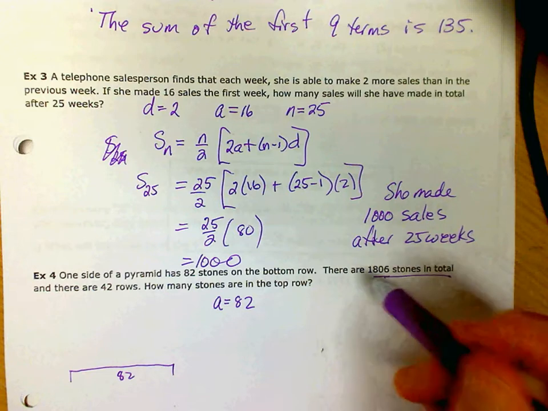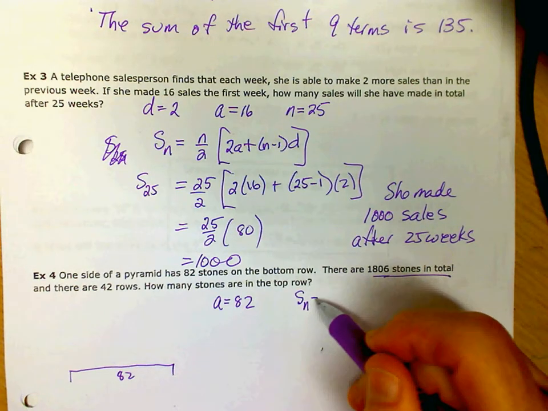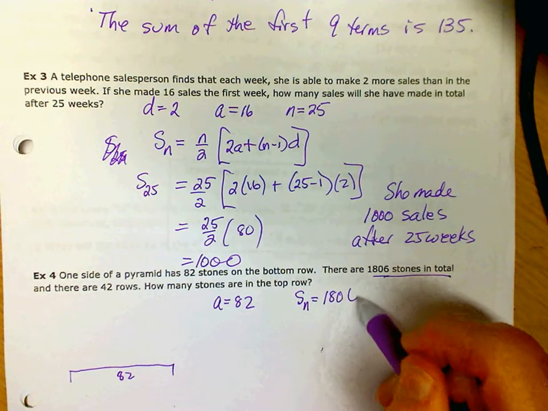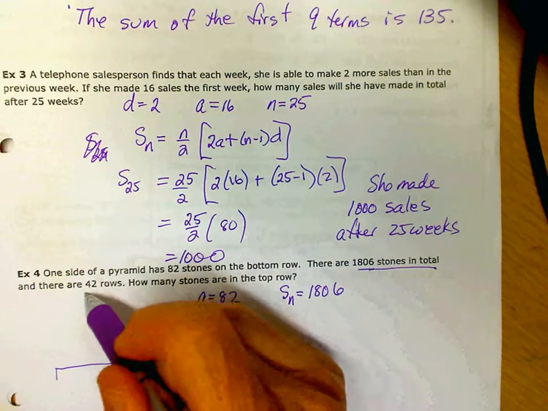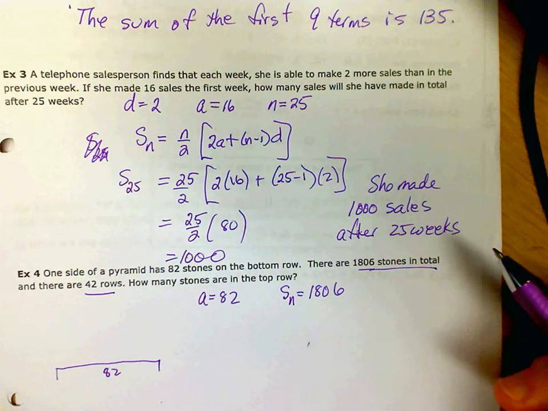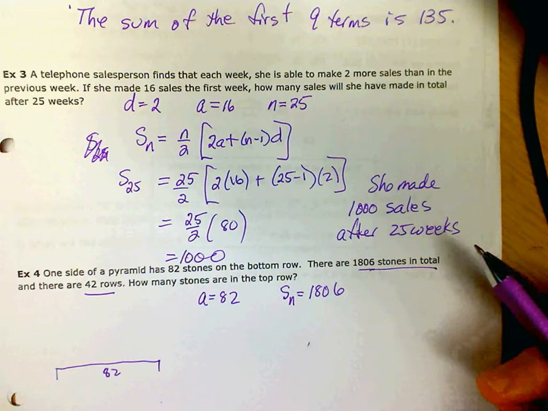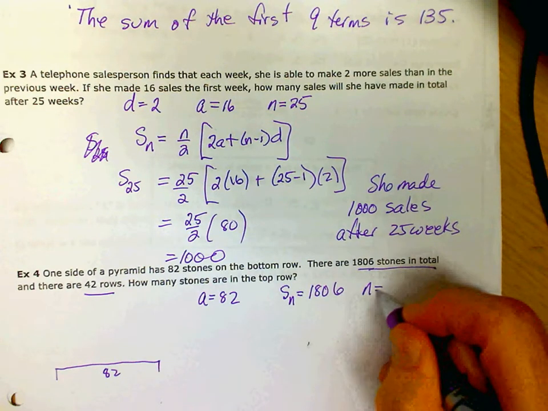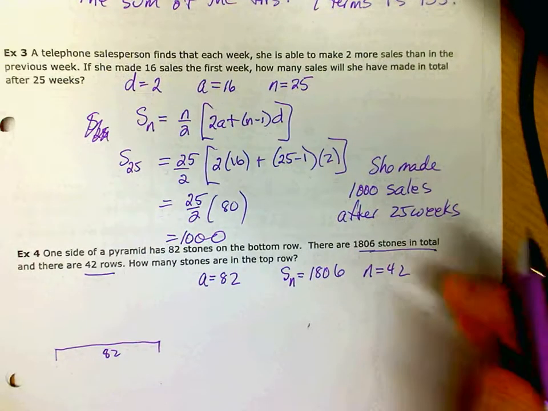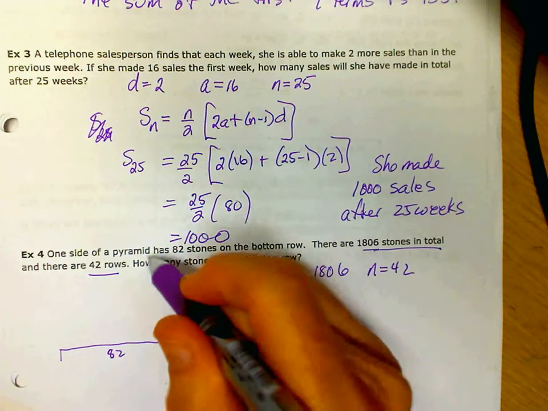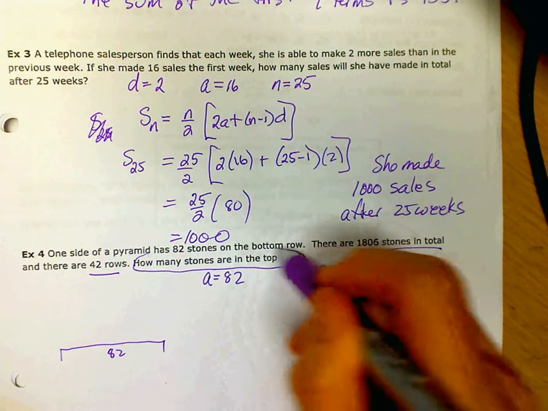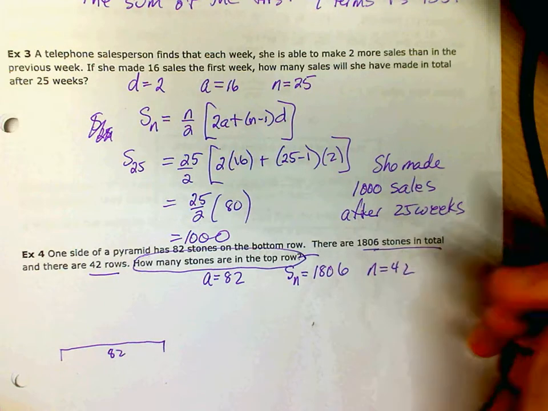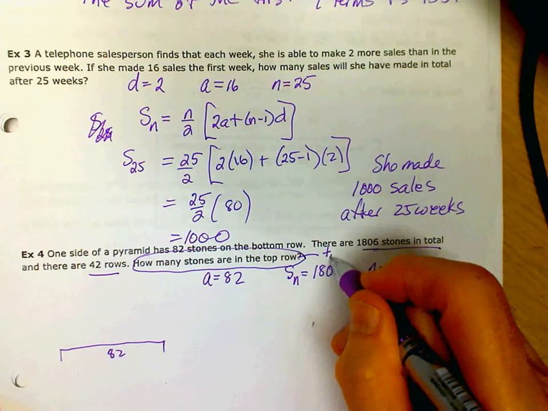Sn equals 1806. And we know there are 42 rows. So is that D or N? So they want to know how many stones are in the top row. So what are we looking for? The last term. We're looking for Tn, right?